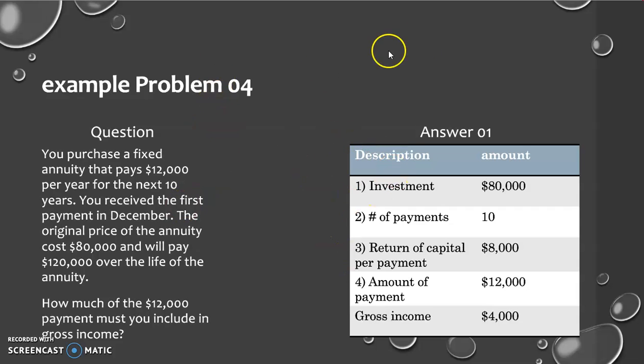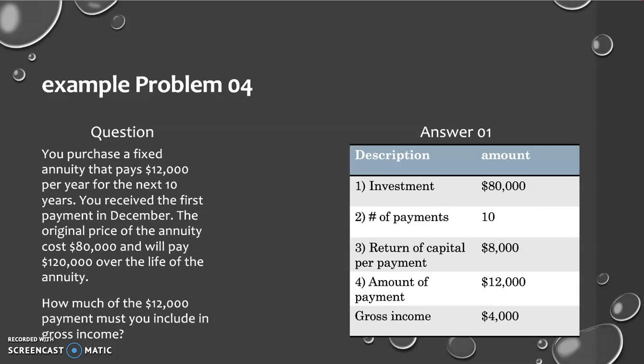So suppose you purchase a fixed annuity that pays $12,000 per year for the next 10 years. You receive the first payment in December. The original price of the annuity costs $80,000 and will pay a total of $120,000 over the life of the annuity. How much of the $12,000 payment must you include in gross income?